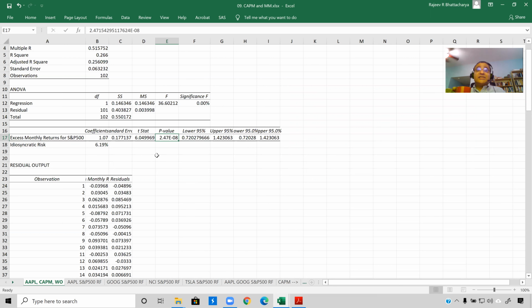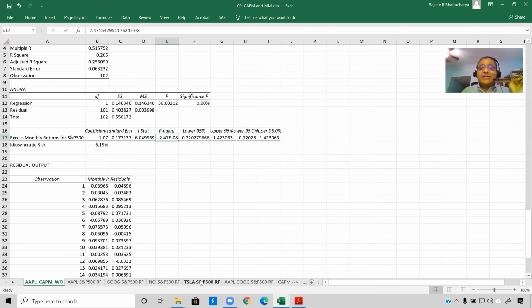That is a statistically significant result. That's therefore the CAPM estimated for Apple over this particular time period.